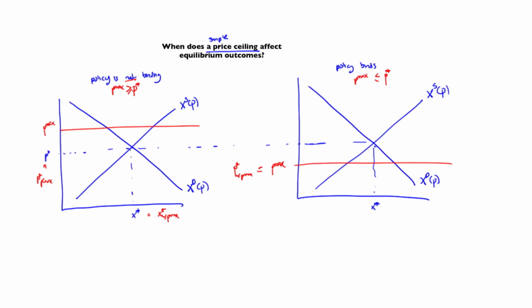But here comes the problem. At that price, suppliers want to supply this much, and consumers want to consume this much. So there is excess demand. The price is too low for the market to clear, and that means that not everybody that wants to buy at that price is going to be able to get it. And this implies we need a rationing rule.